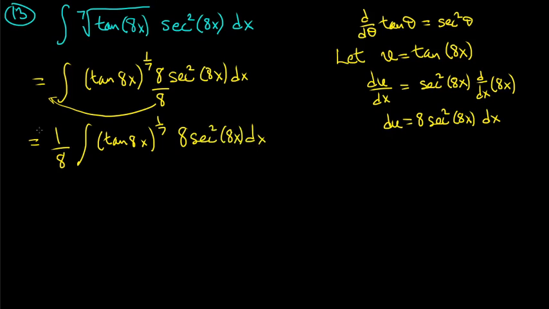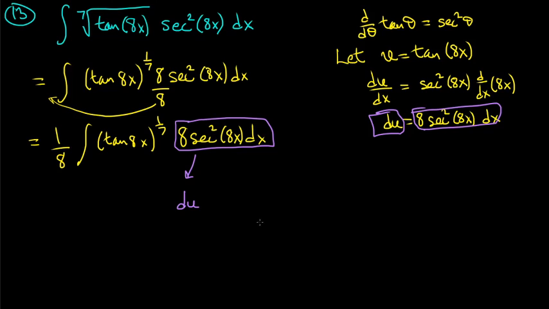Now what I can do is replace this 8 secant squared of 8x dx. That's exactly the same thing as du, so I can simply replace this with du, because they're equal. We still have the 1 over 8 on the outside, which came from this 1 over 8 here.